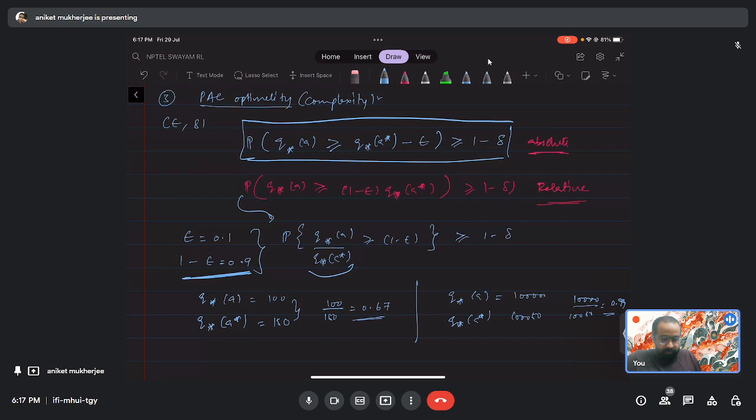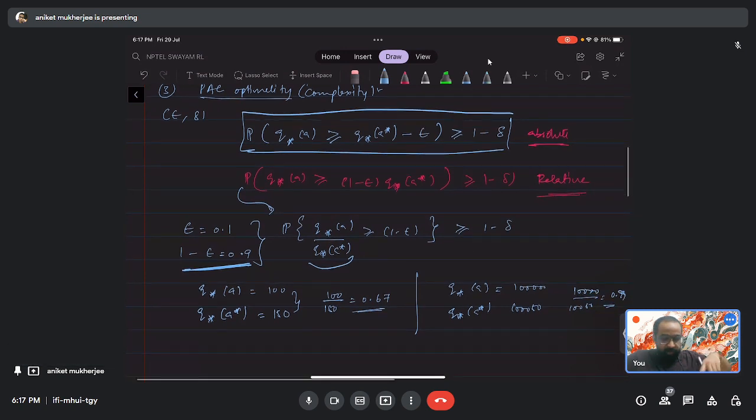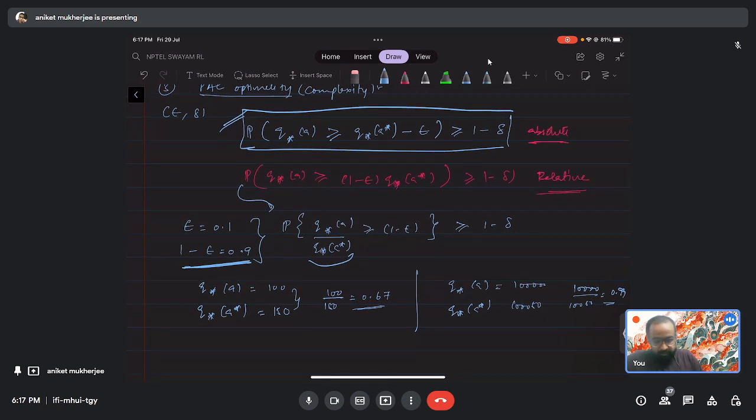So the relative bound is something where you calculate in percentages. It is not the absolute difference between what your true value is and what your estimated value is. But the PAC optimality, this is what you will be using for calculating the PAC optimality complexity. This is the main thing.